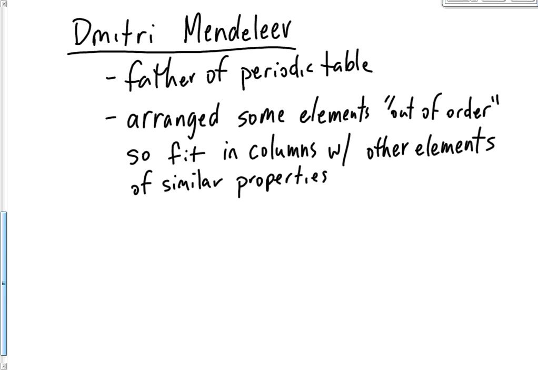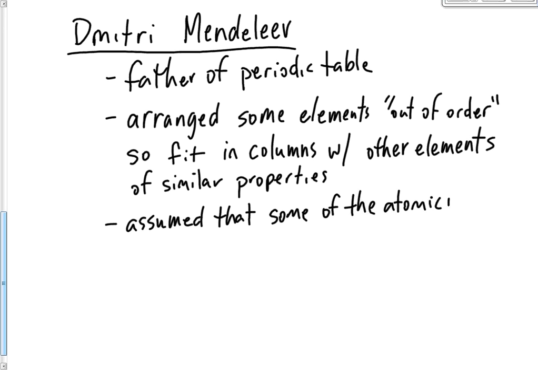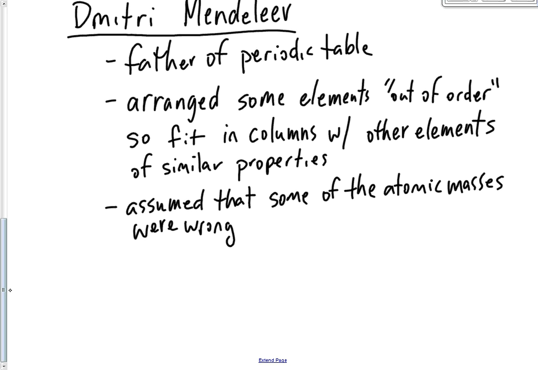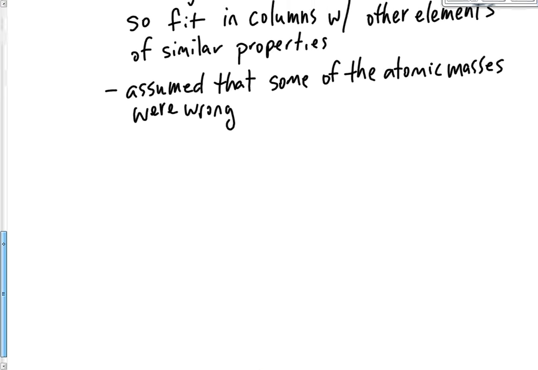And when I say he put them out of order, he just made the assumption that some of the atomic masses might have been wrong. So he kind of just decided, okay, if one element had the same properties as another element, he put them in columns together, regardless of what their atomic mass were, and he just kind of said, well, that's probably wrong.